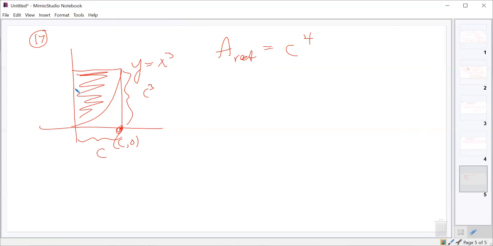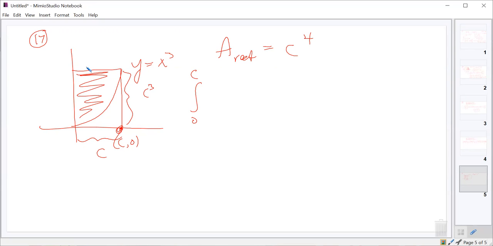I think it'll work out just fine if we just do the rectangle, or the top piece of this here, and then subtract the cubic. That should be fine, right? So we'll integrate from 0 to c. What is our upper function up here?